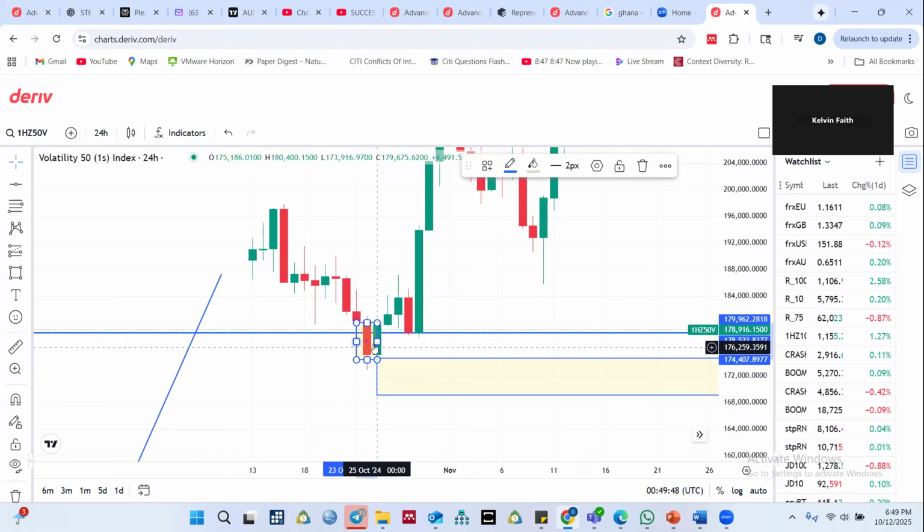So that is the message. At the same time, sellers communicate that to us, the buyers come in and say that, yes, we know that you can take charge, but we are active right now. So they also engulf price up, move up, retrace, and then boom, they go up.